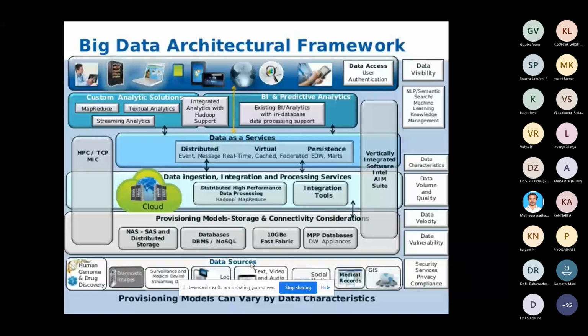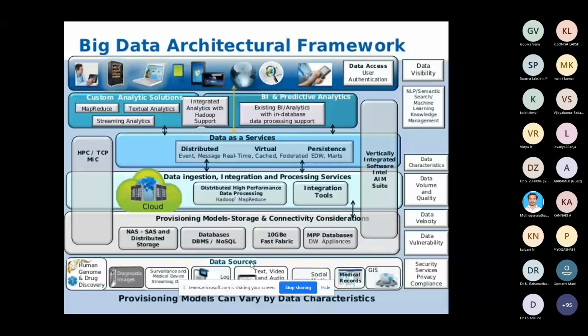It may be from medical sources, or medical records will be part of it, or weblog data, data in the form of text, audio, video, or data coming from, let's say, drug industries. Likewise, we can take these sources of data, which provide the input to this big data architecture.